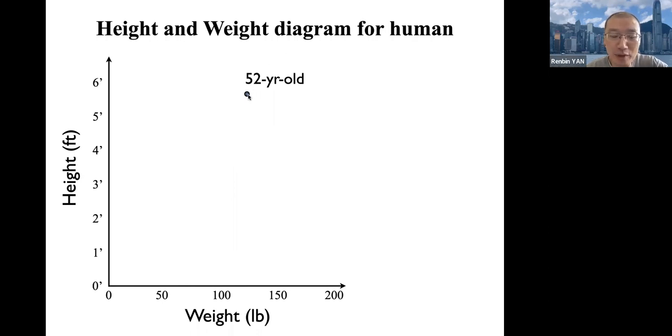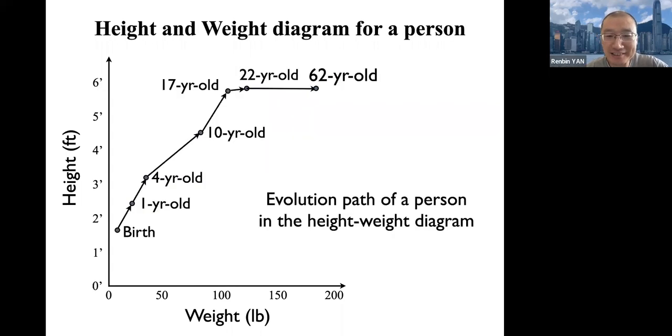And so this is like the main sequence position for humans. And for stars, that's where stars stay. And then maybe after some years, a person will have a midlife crisis and get overweight but not change the height a lot. So this is sort of the evolution path of a person in the height-weight diagram.